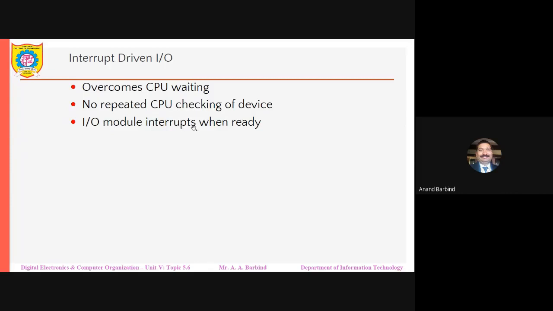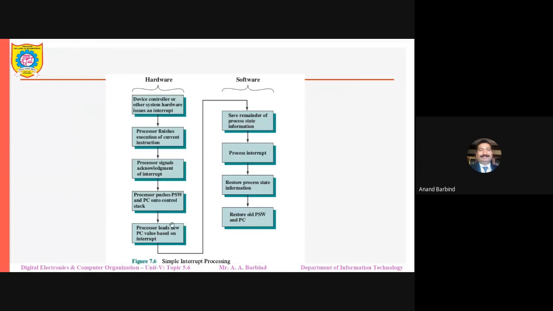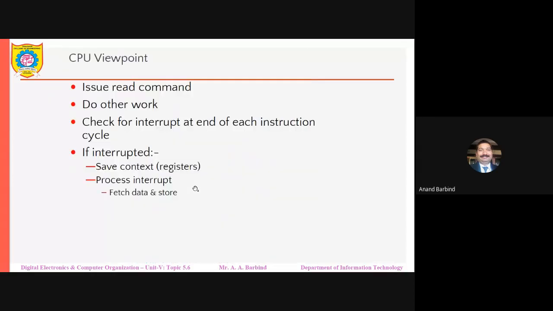Then the IO module interrupts when it is ready. So this is how the basic operation happens with interrupt driven IO. These are the sequence of operations that happen in interrupt driven IO.